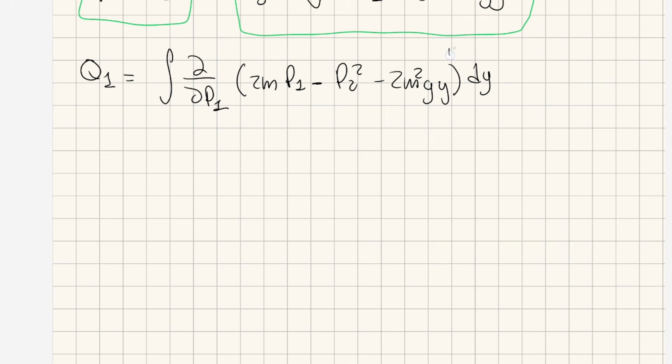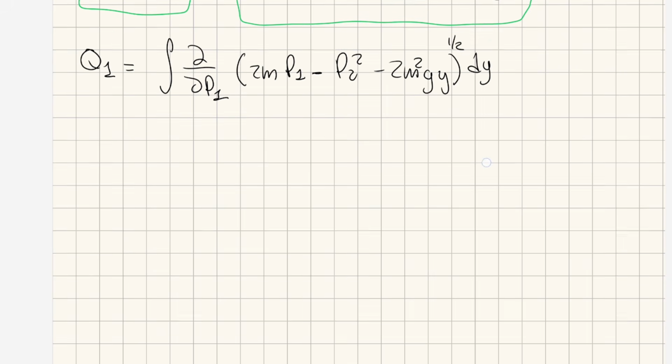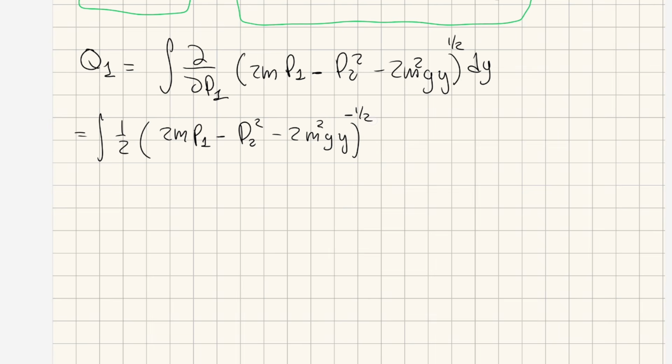So, and this is raised to the 1/2 power. So let me take the derivative. This will be the integral of 1/2 times 2m p1 minus p2 squared minus 2m squared gy to the negative 1/2, and then the derivative with respect to p1 of what is inside due to the chain rule, which is just going to be 2m.